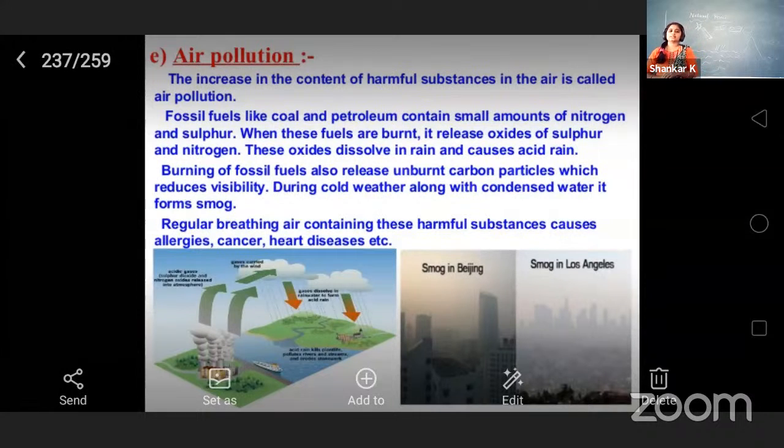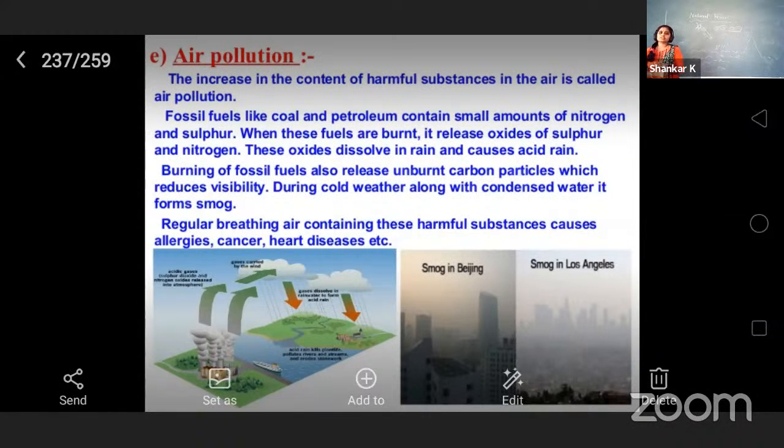How does acid rain happen, students? You know acid rain; we have just heard about the rain, right? So what is acid rain?